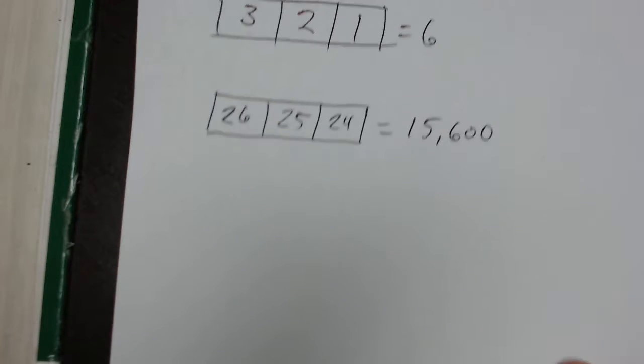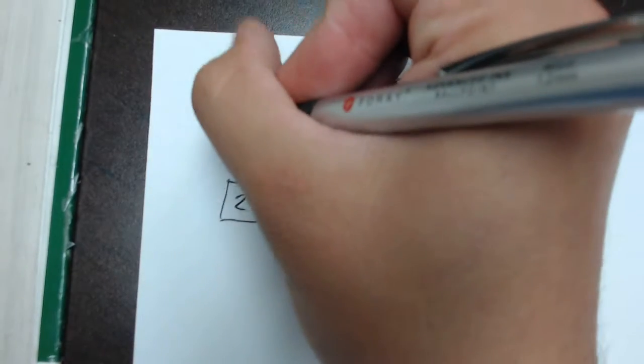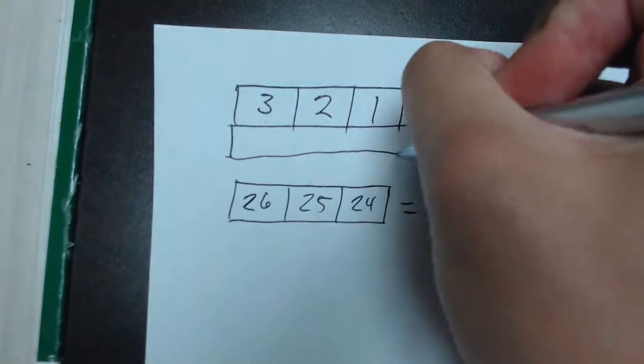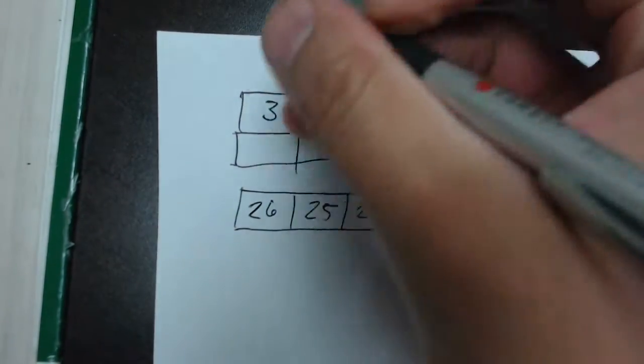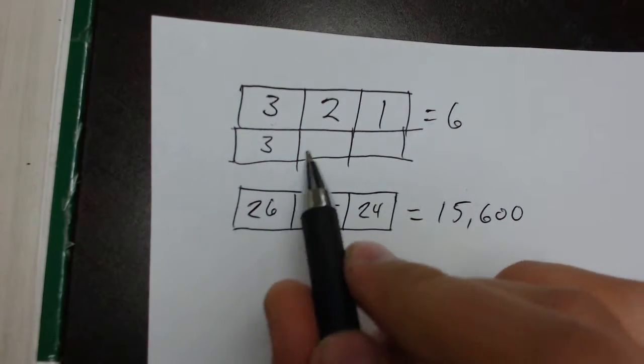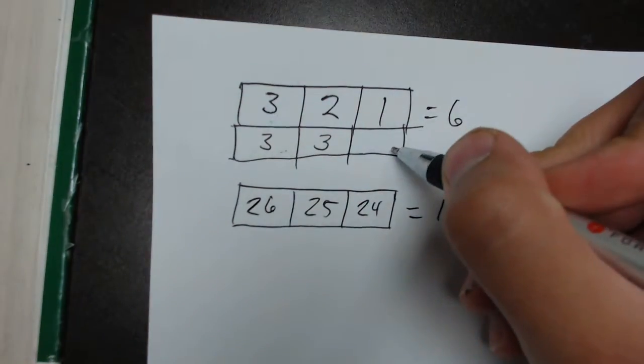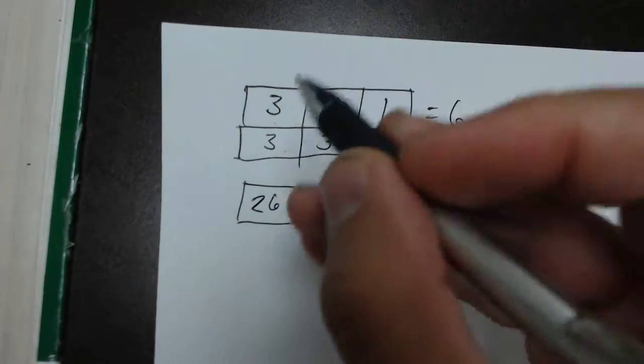Now, these are permutations. What if repetition is allowed? Well, we're going to follow the same rule. So if repetition is allowed and I'm only using the letters A, B, and C, in the first box, I have three options. Now, in the second box, I still have three options because I can repeat whatever letter I put here. And then in the third box, I still have three options because I can repeat that letter.